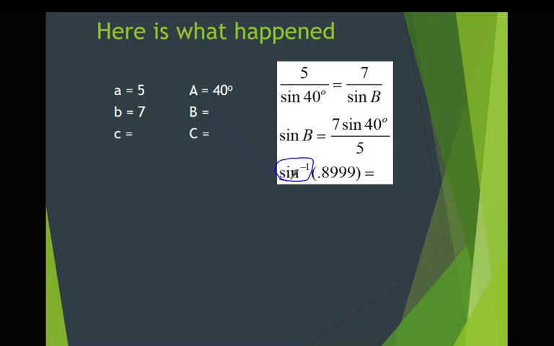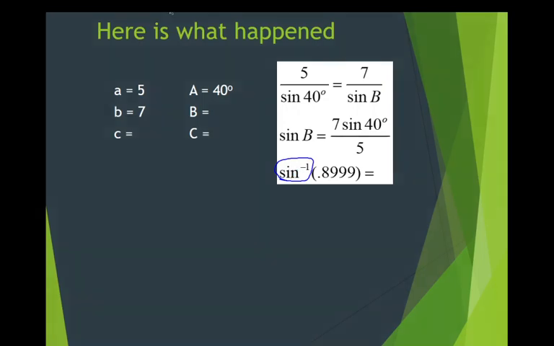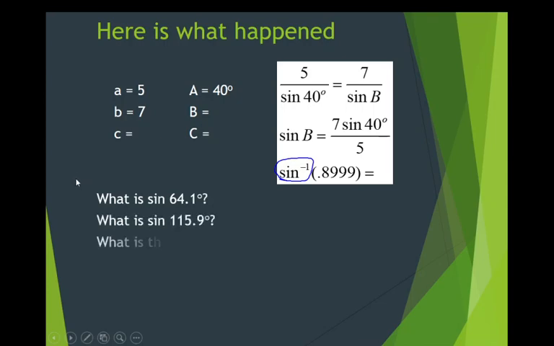Okay? But there is a second value where sine is 0.899999. And it happens actually in the second quadrant. And when we look at that, we find that both of these sine values have the exact same value.